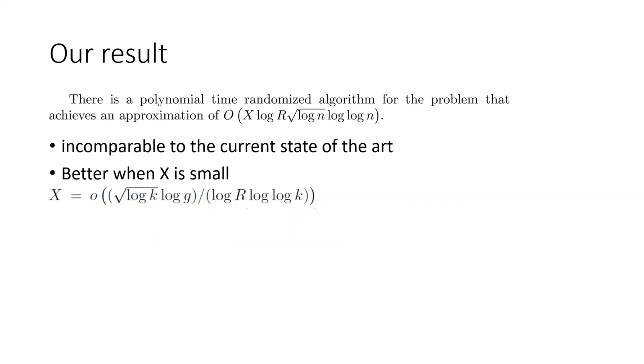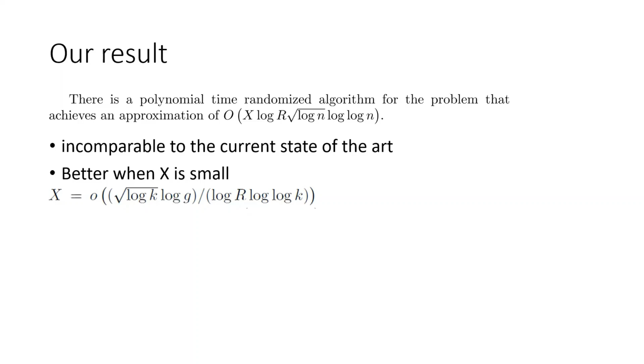And then N is the size of the graph, all the vertices in the graph. And then we have another factor of the square root of log N, and then log N.